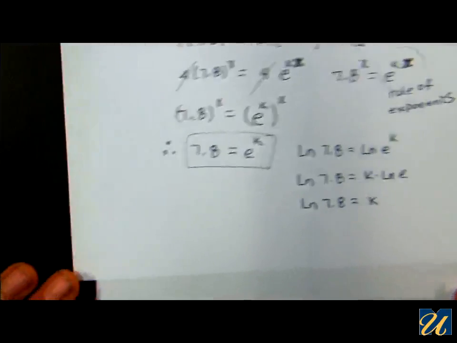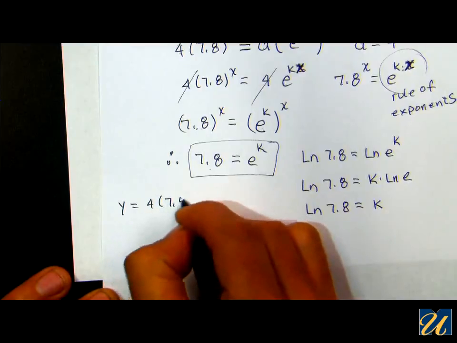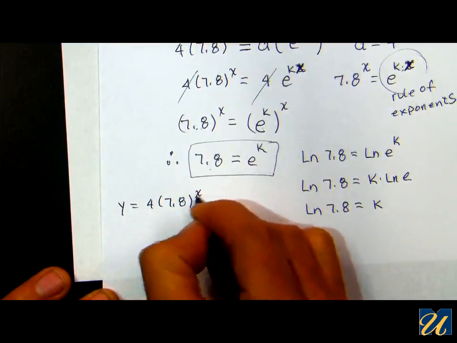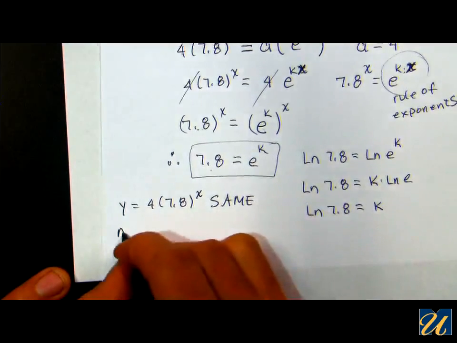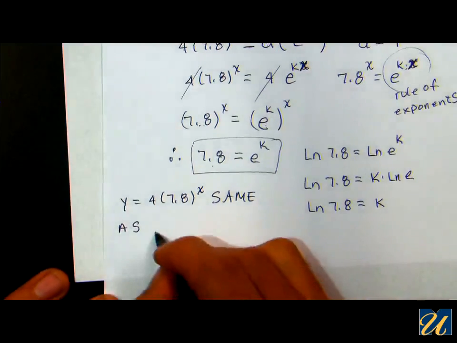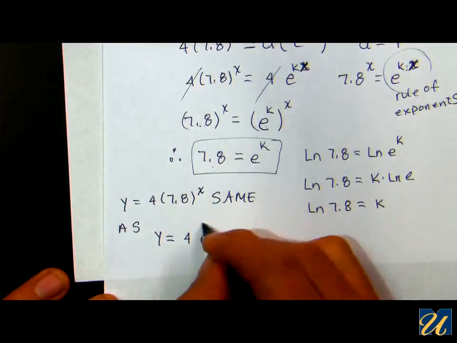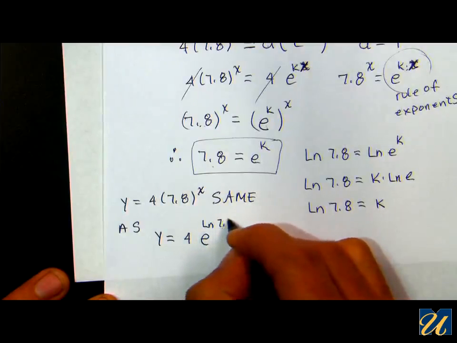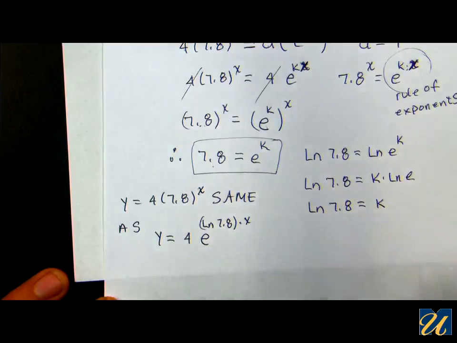So the exact value is that the original exponential is exactly the same as y equals 4e to the natural log of 7.8 times x.